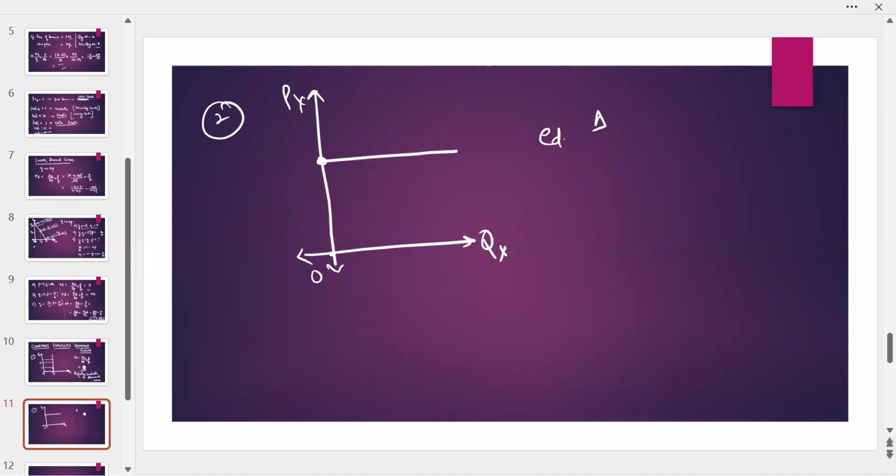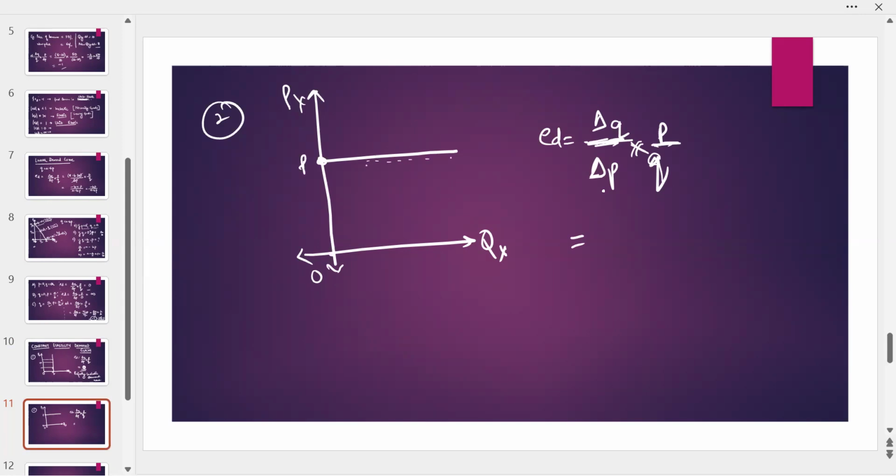Now, elasticity of demand over here is del Q by del P upon P into P on Q. What is del Q? Over here, del Q is infinite.